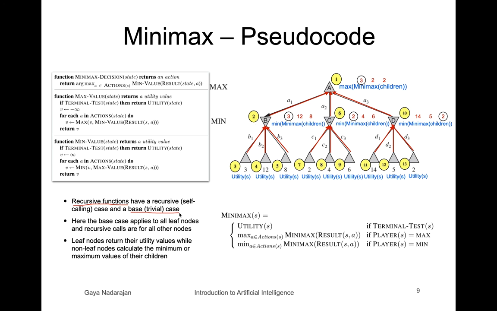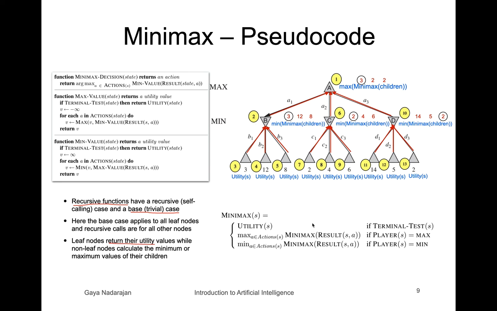You can terminate because you're just going to basically return a value. So the base case actually applies to all these leaf nodes because they're already terminal nodes. You cannot further branch them out. And they already have utility values attached to them.